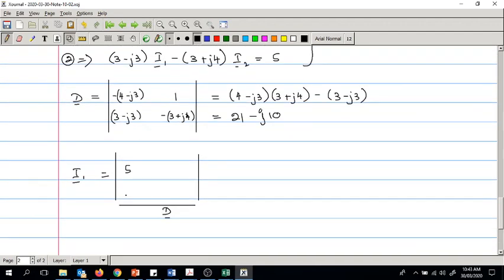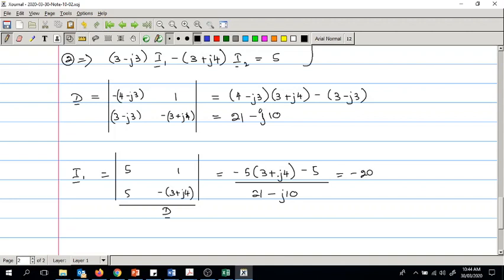So 5 5 1 minus 4 3 plus j4 divided by D. So that is equal to minus 5 times 3 plus j4 minus 5 divided by 21 minus j10, which is equal to minus 15 minus 5 is minus 20.